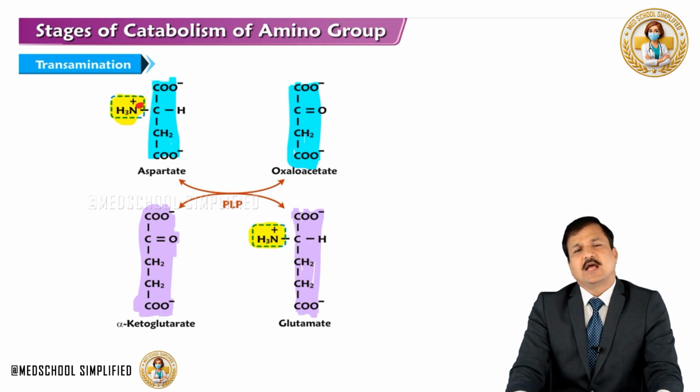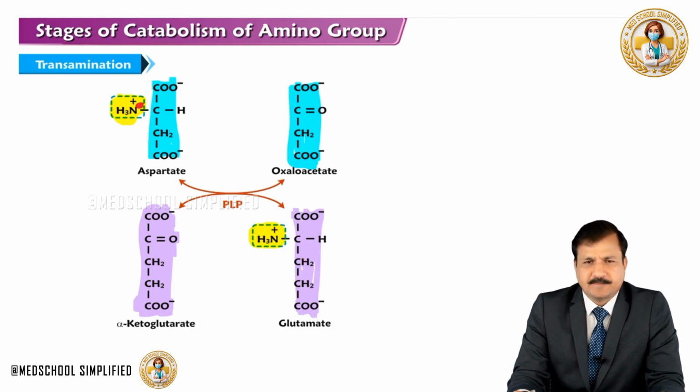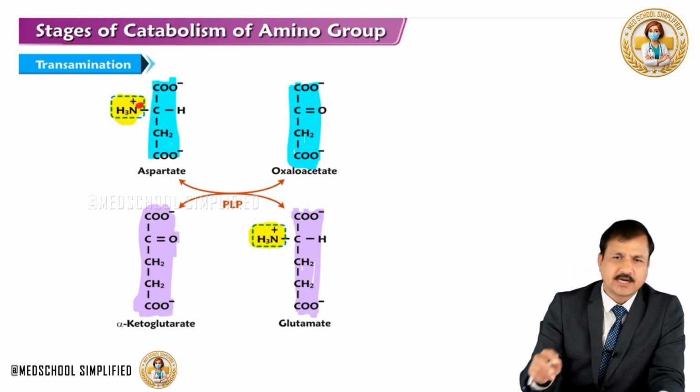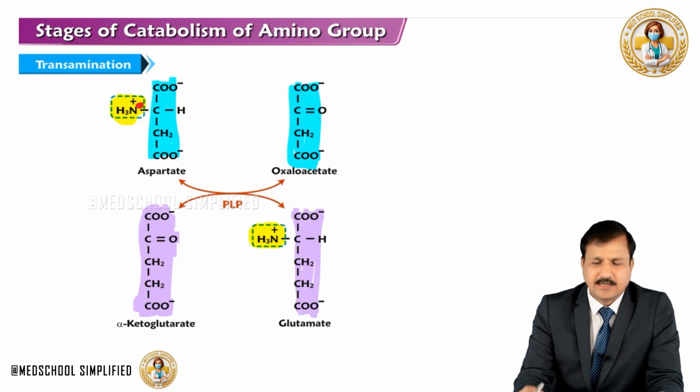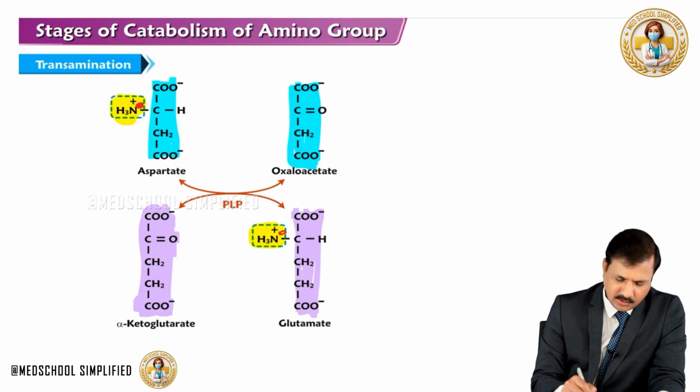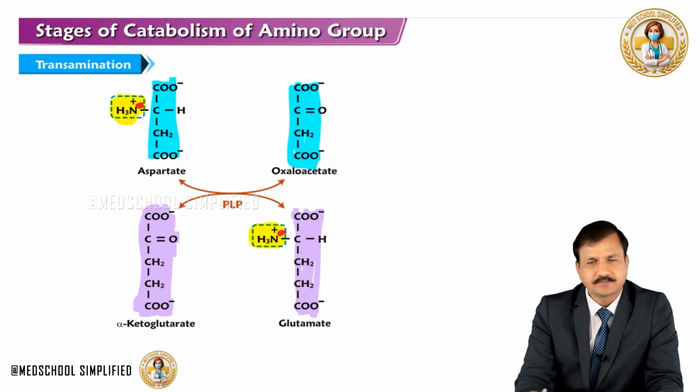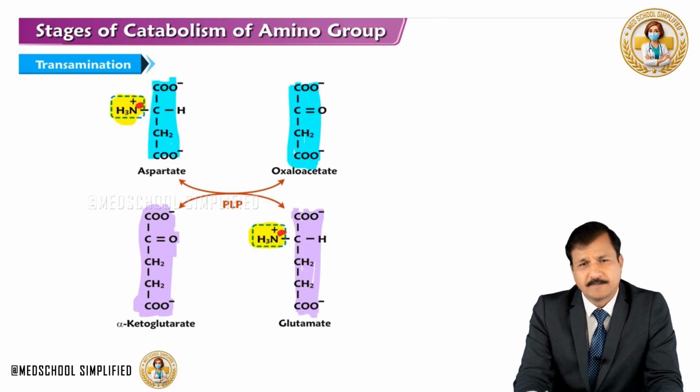My question is, at the end of transamination, where do you find the radio labeled nitrogen after the reaction catalyzed by aspartate transaminase enzyme, AST? So where do you find the radio labeled nitrogen? We are going to find that in the amino group of glutamate. That's how we can radio label.